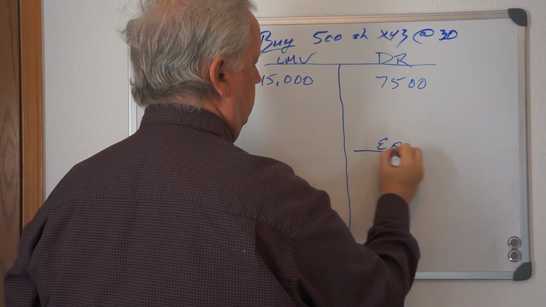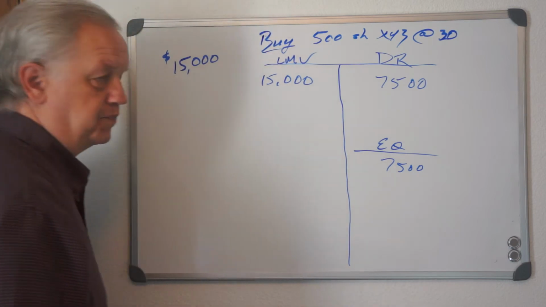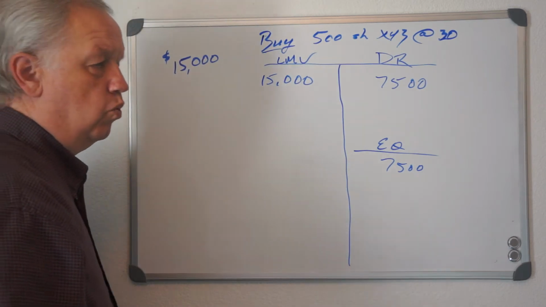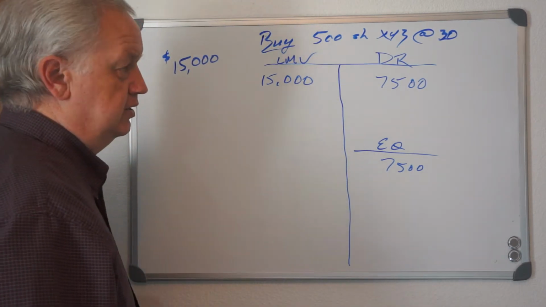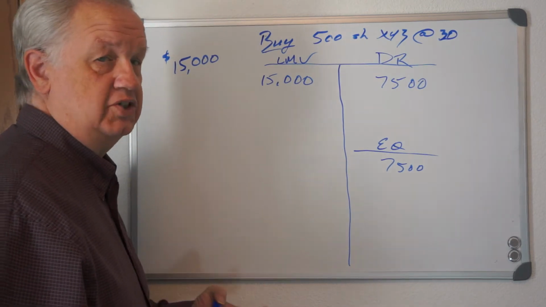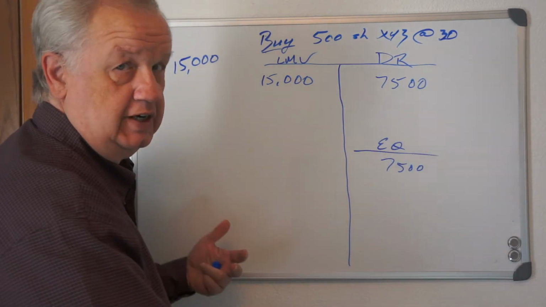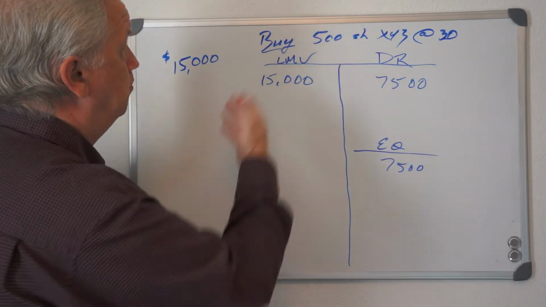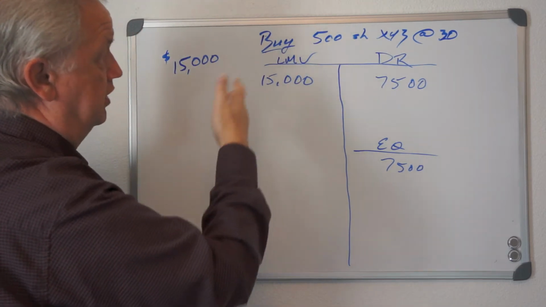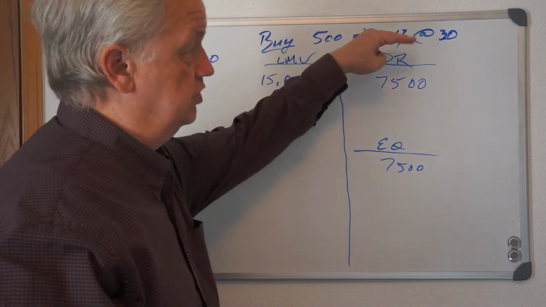Your equity is 7,500. One of the questions they're going to ask is, is there a margin call, a maintenance call, on the security once the price adjusts? So in a long market, you want the price to go up. You lose equity if it goes down.